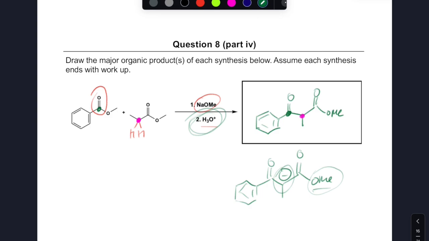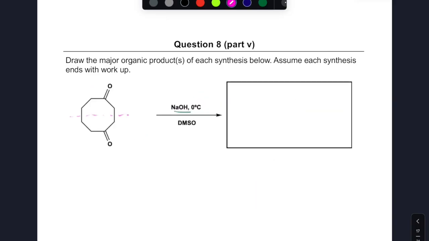Now, in this case, we're treating this with sodium hydroxide at 0 degrees in DMSO. We have a couple of different choices of where we deprotonate. And if you notice, this molecule is symmetric top and bottom, so I'm only going to do the decomposition assuming that the donor is from one thing up here, making the acceptor this carbonyl down here. What we're doing is an intramolecular reaction where if I deprotonate here, that would be where I have my enolate. The enolate can add to 1, 2, 3 carbons.